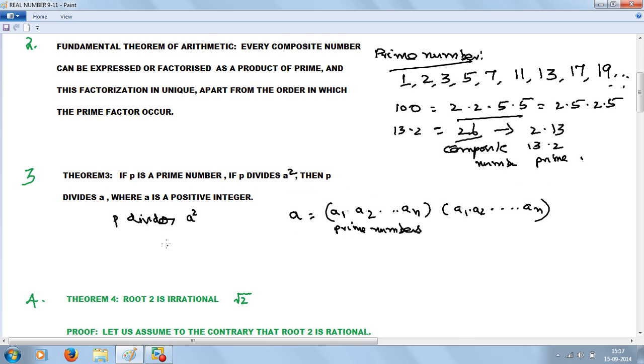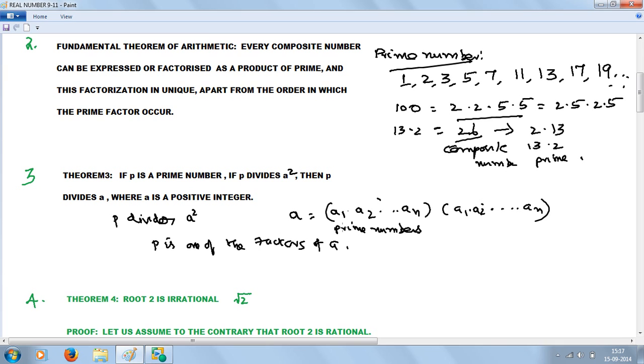When P divides a square, P is one of the factors of a. When a factor is here, the other factor is also available. So P is one of the factors of a.